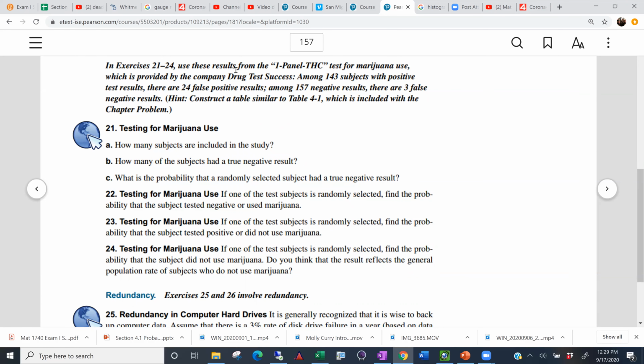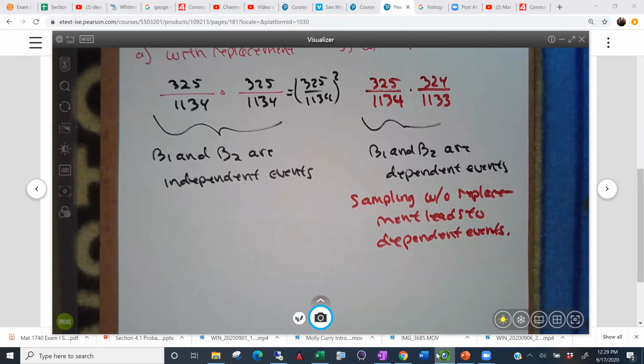The one panel THC test for marijuana use, which is provided by the company Drug Test Success. All right, so here's the numbers. Amongst 143 subjects with positive test results, there are 24 false positives, and amongst 157 negative results, there are 3 false negative results. So we need to construct a table for all this. Let me help you out here.